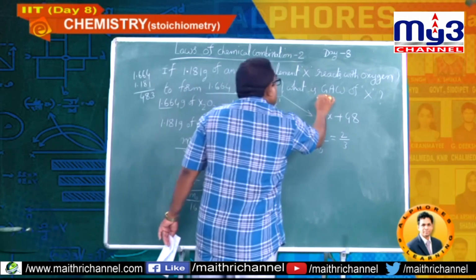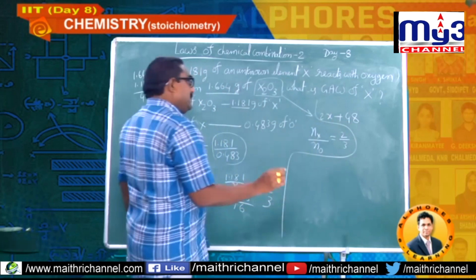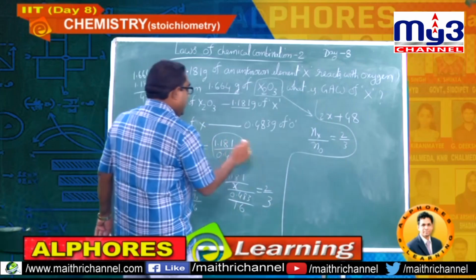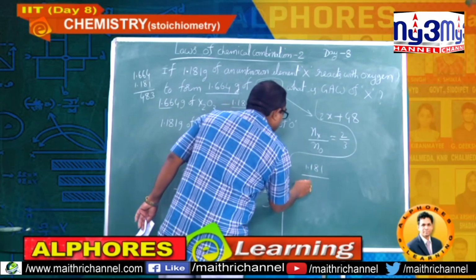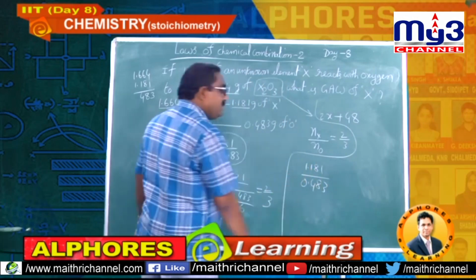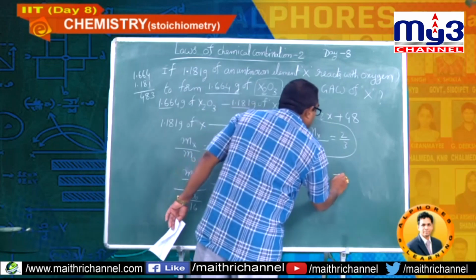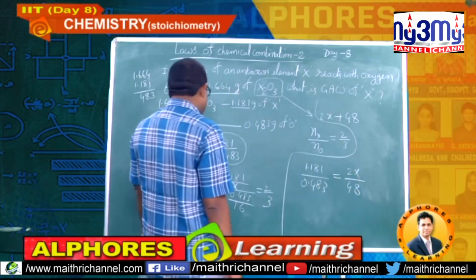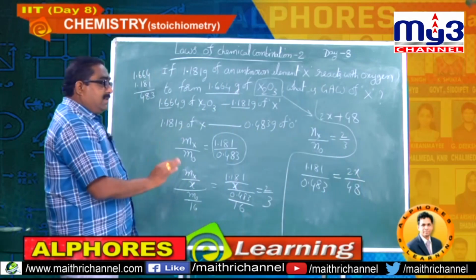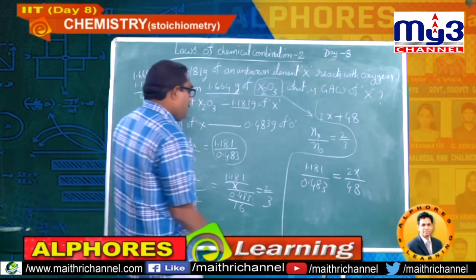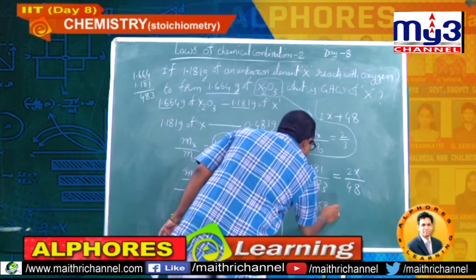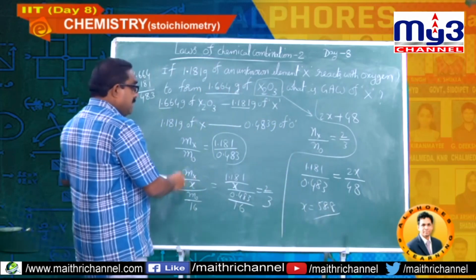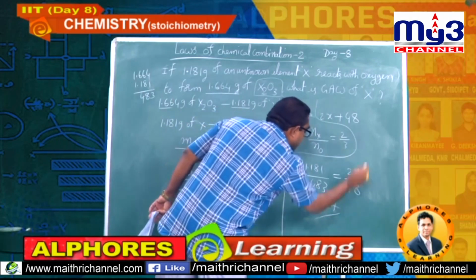Or I have already told you one more approach, the same law of constant proportions. So here mass ratio I got it as 1.181 divided by 0.483. Concentrate, students. Right. Now mass ratio here 2x divided by 48. In both the ways you will get the same answer for X, no doubt. X is roughly 58.7.